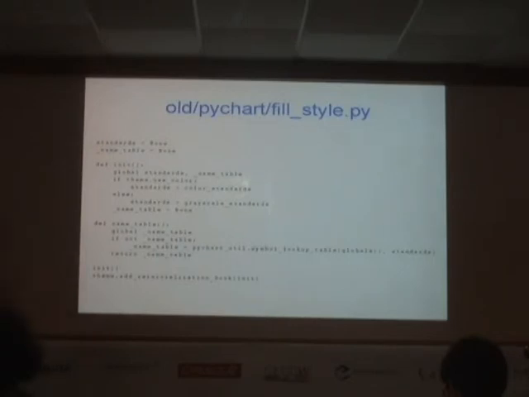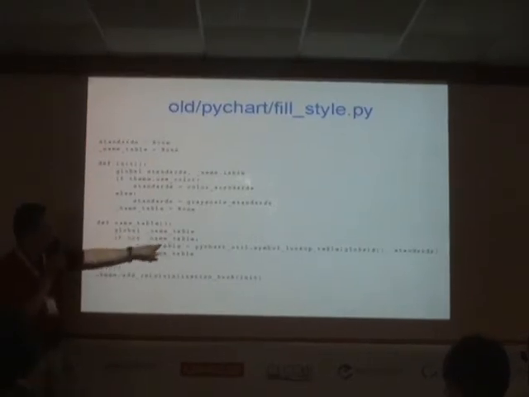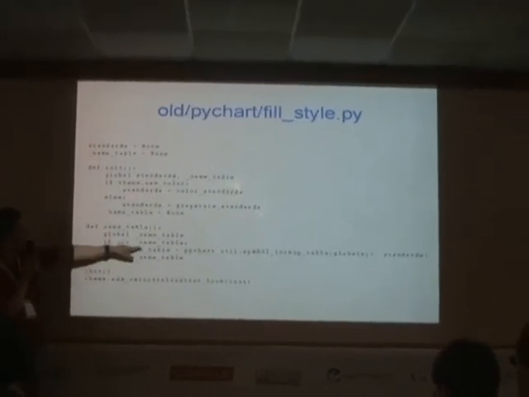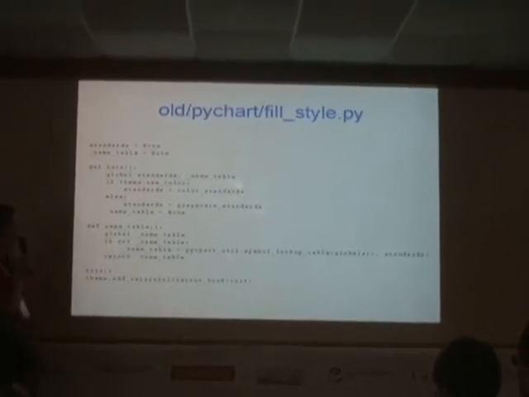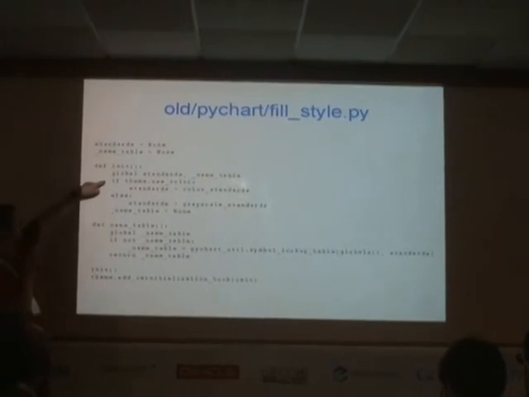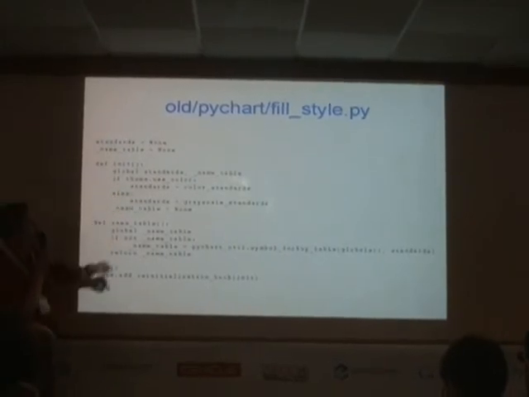And we were setting up fill styles in the old version, going through a number of hoops, having a global under name table in this module, and then having another global called standards, which we were filling in.